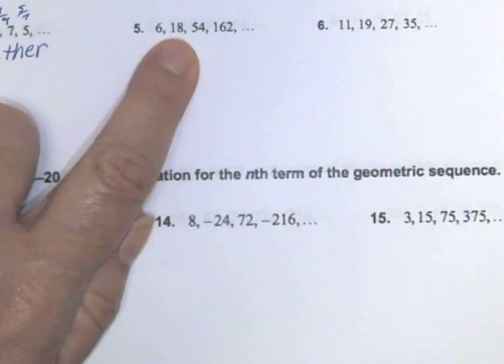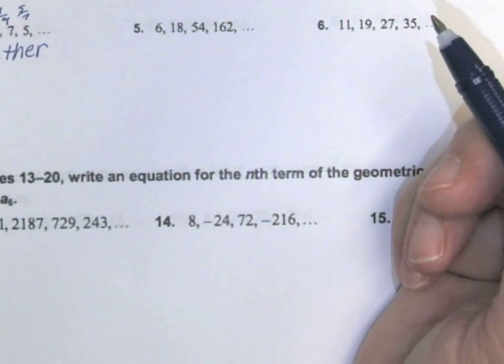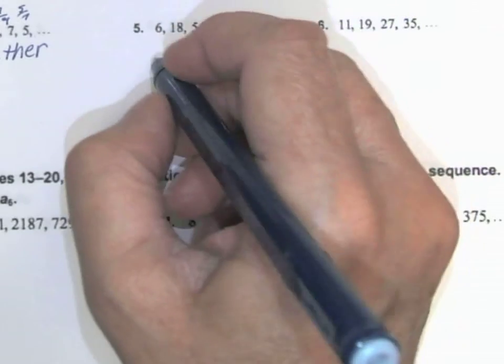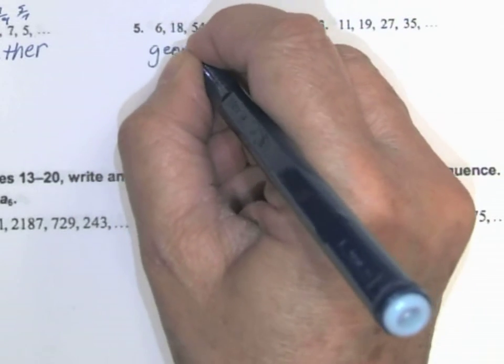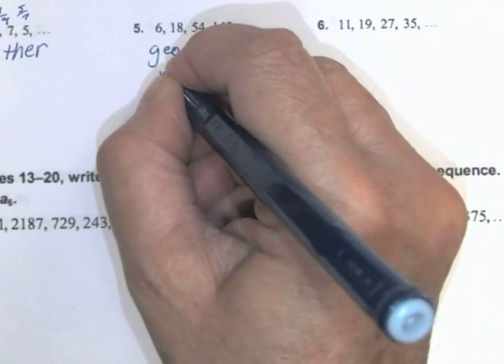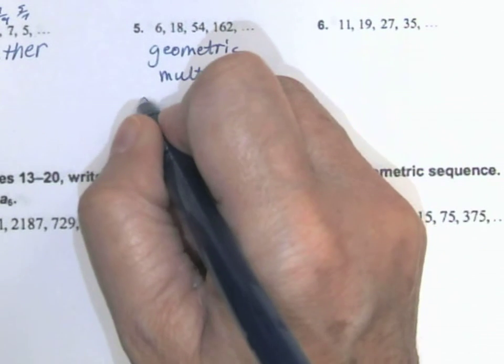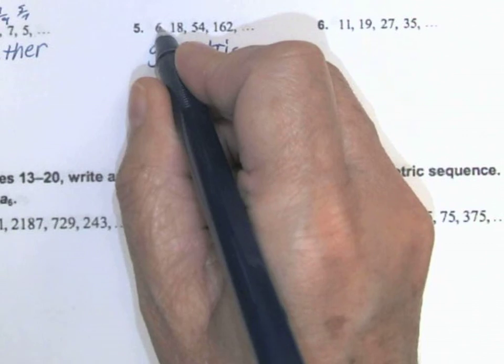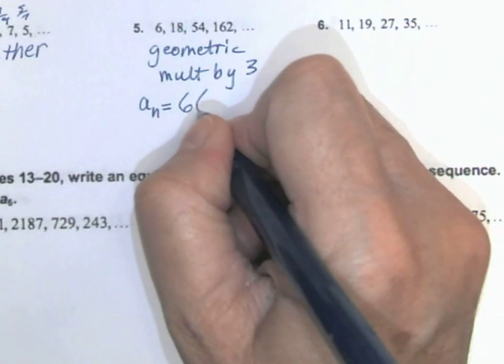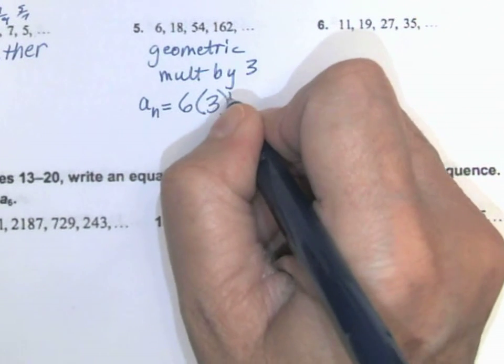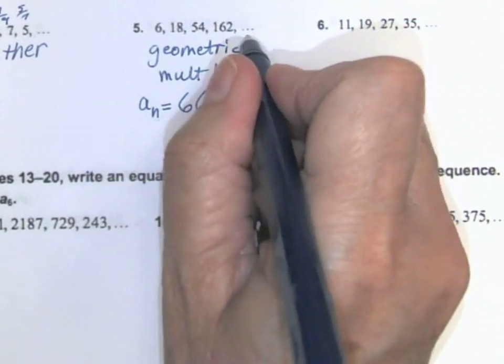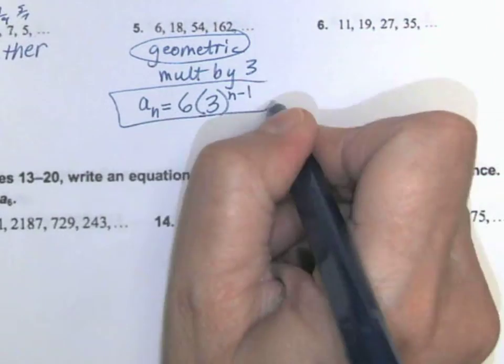And hopefully we don't have to put 18 divided by 6 in our calculator. Hopefully we know it's 3. So this one is geometric because we are multiplying by 3. So let's write the equation. A sub n equals, what's your first term? 6. What's your ratio? 3 to the n minus 1. So it's geometric, and here's your equation.